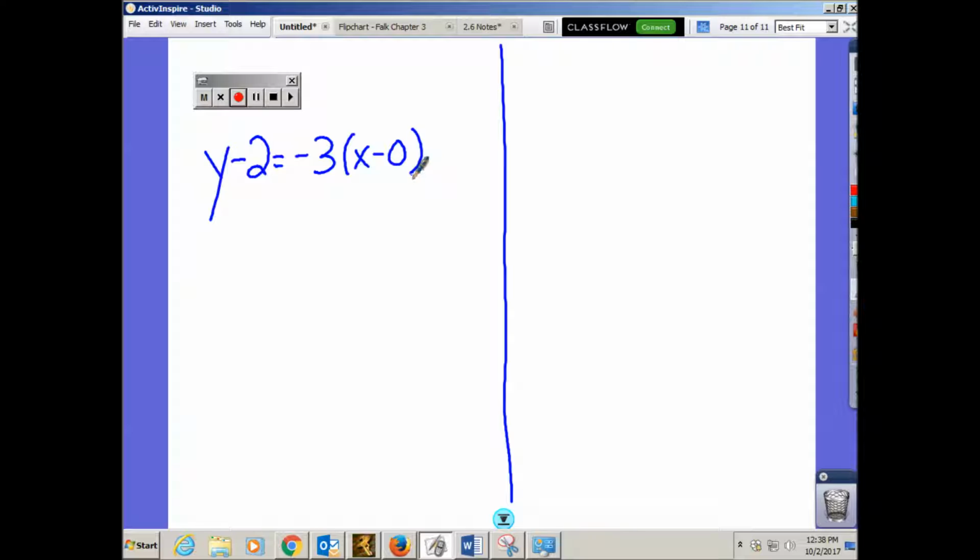Okay, and the other one was? y plus 1 equals -3, parentheses, x minus 1. When I convert these equations, what you're doing in the next steps, convert equation 1 to slope-intercept and convert equation 2 to slope-intercept.